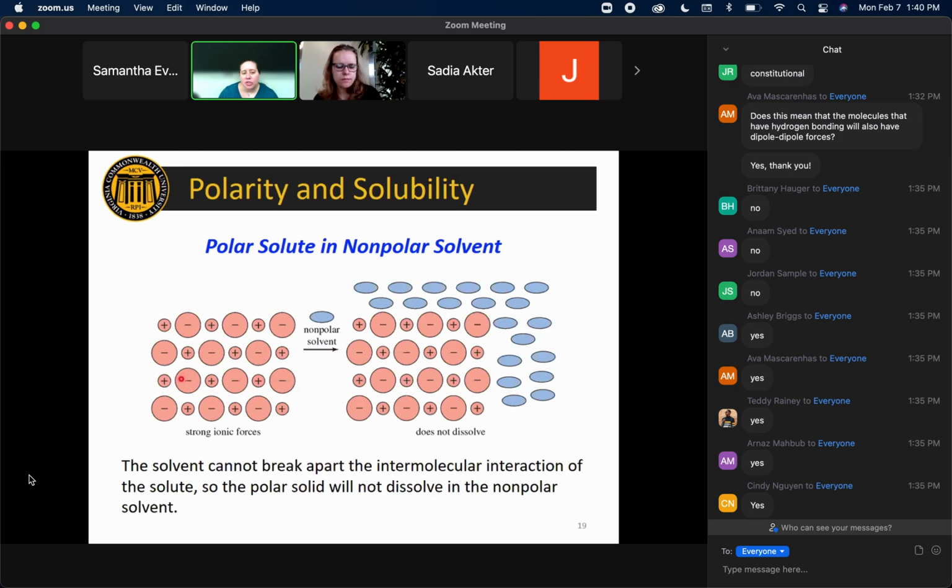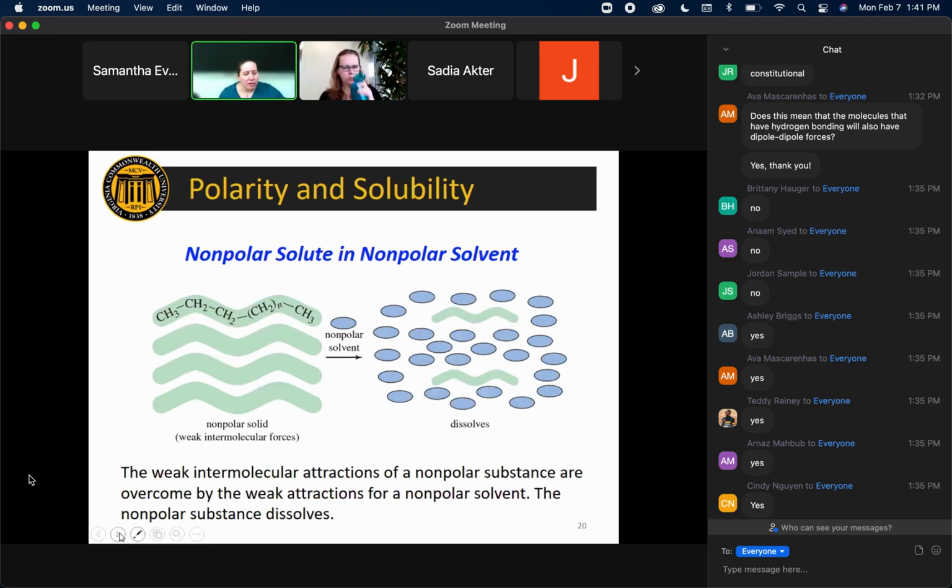Those charge differences help that compound stay together and stabilize the charge buildup. A non-polar solvent is not able to help stabilize any charge buildup. So the more stable scenario is to let that solid stay a solid, or whatever phase it is in, let those polar or ionic molecules stick together, and it won't dissolve.